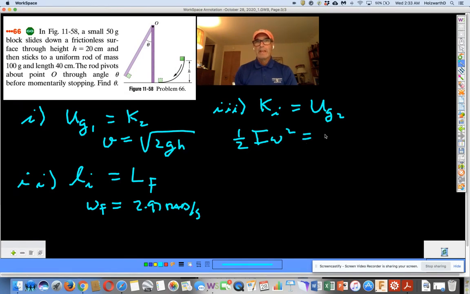Now, energy of position. Well, there are two things to consider. Hopefully I'll make this clear. I'm going to go to the diagram. I want you to focus your energy on the center of mass of the rod, at the center of the rod. And then let's focus our energy on the mass.